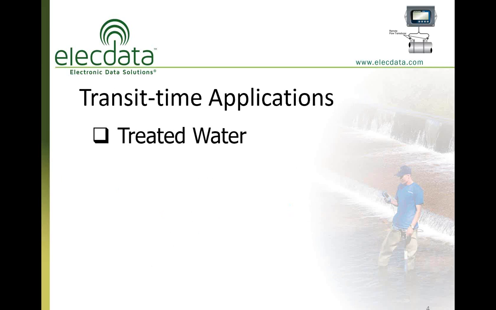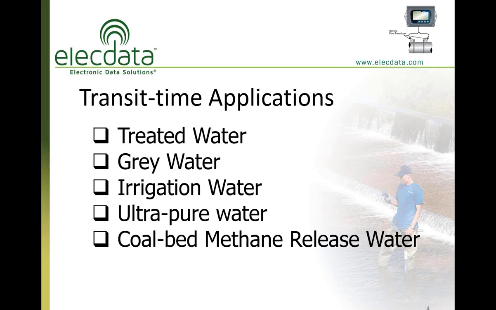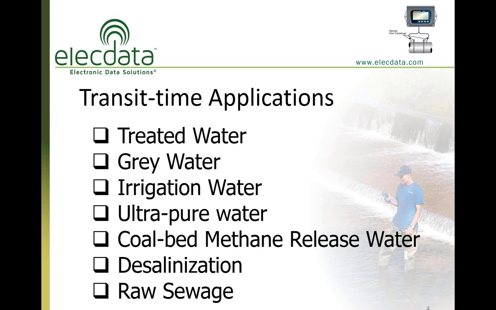Typical transit time applications where you'll have the best success include treated water, gray water, irrigation water, ultra-pure water, coal bed methane release water, desalination water, and raw sewage. Transit time flow meters are used on liquids that do not have large amounts of suspended solids or aeration.